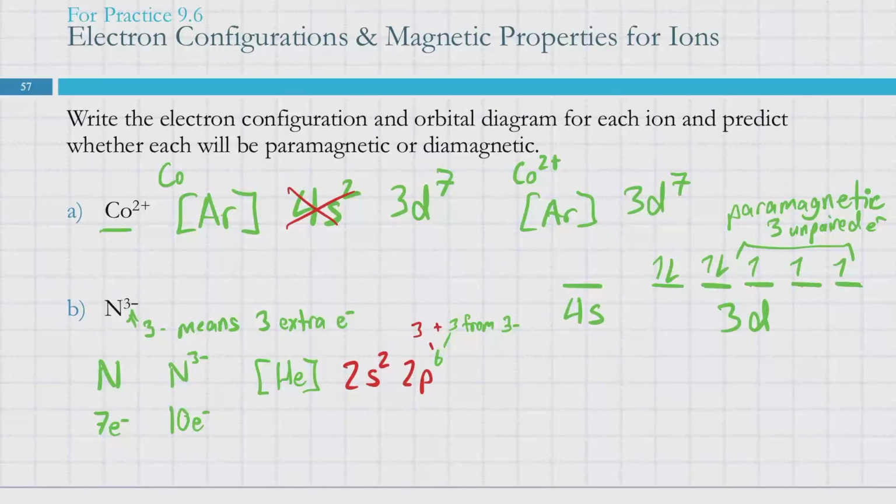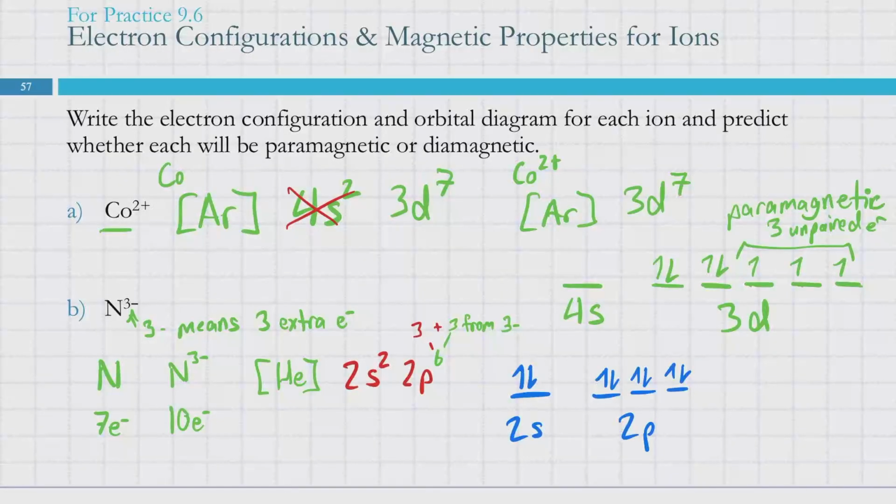To do the electron configuration, we've got our 2s and our 2p. Our 2s is 2. Our 2p is 6. So we're going to have 1, 2, 3, pair them up, 4, 5, 6. So our 2p is full.